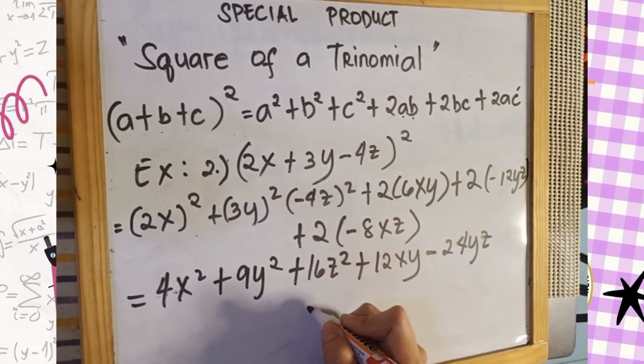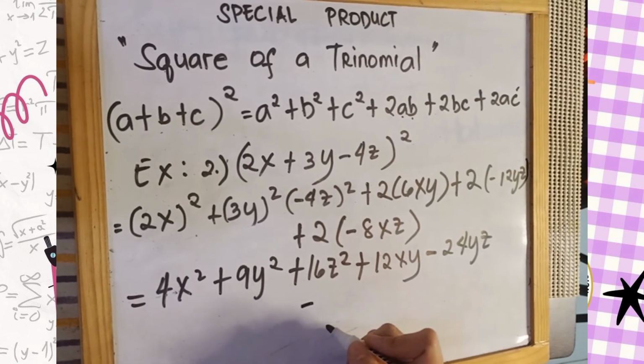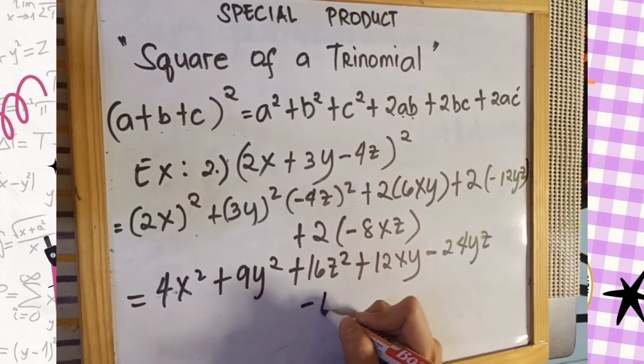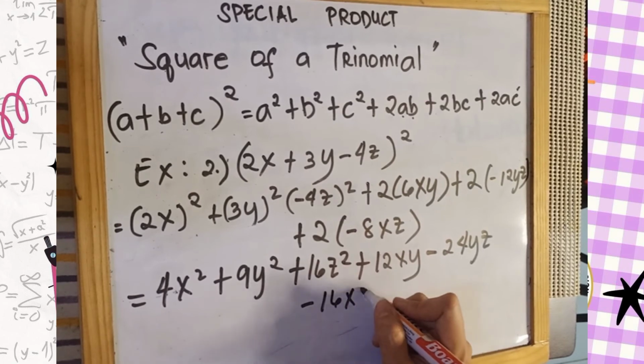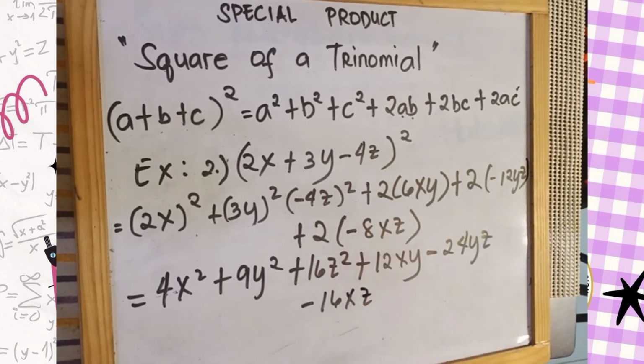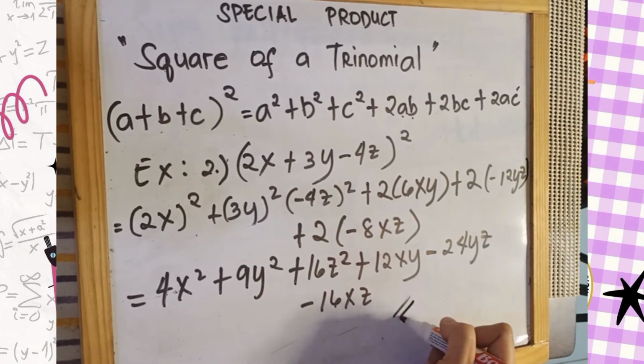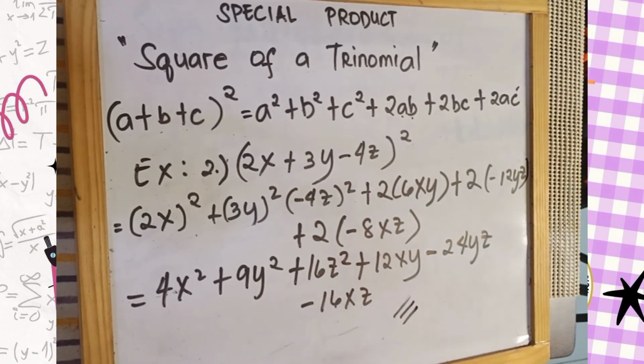Again, since magkaiba yung sign, so this will become negative 16xz. Okay? So, this is now our final answer. 4x squared plus 9y squared plus 16z squared plus 12xy minus 24yz minus 16xz. So, this is now our final answer.